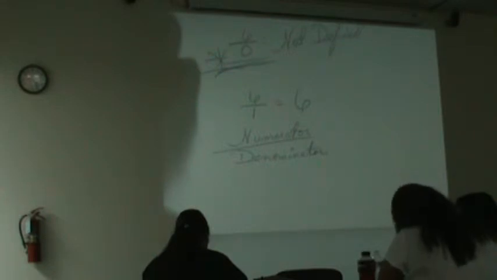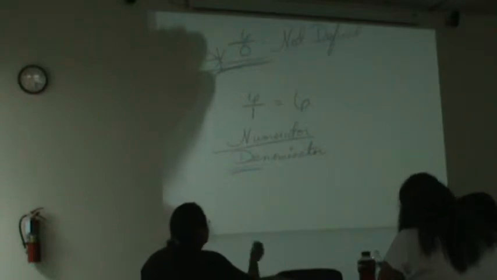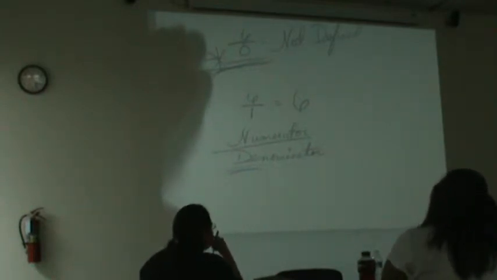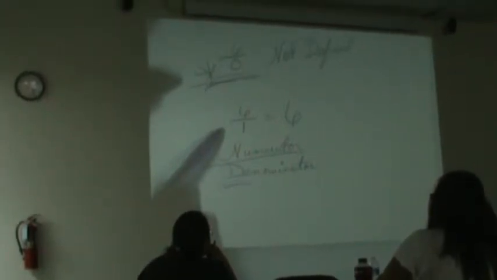That's when you have to get the same number on the bottom. So if that helps you remember, just think common denominator means the bottom number. So in this number right here, what's the numerator? 6. And the denominator? 1, yeah.